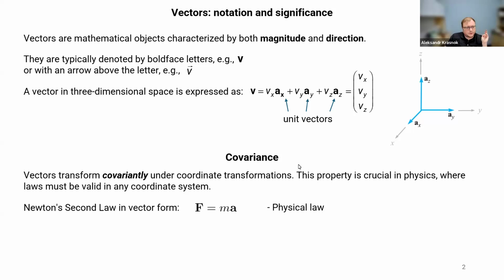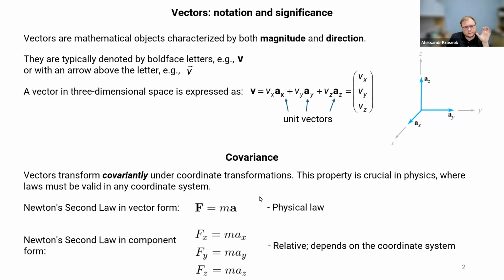Here as an example, I bring Newton's second law, F equals ma. F is the force, m is the mass, a is the acceleration. In this physical representation in the vector form, it is valid regardless of any coordinate system. However, if I introduce a particular coordinate system x, y, z, I get components which change upon the change of the coordinate system.